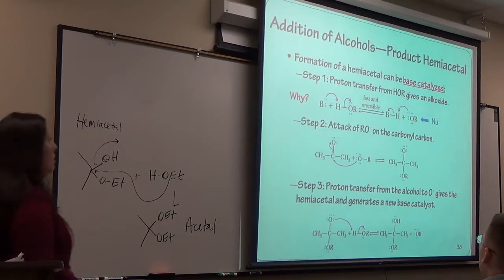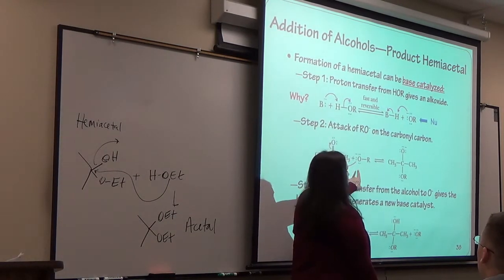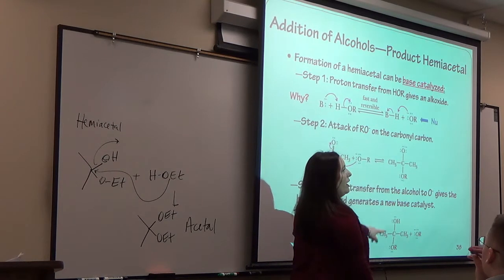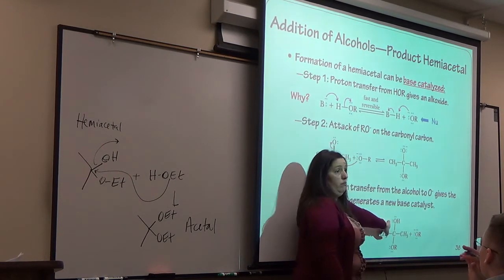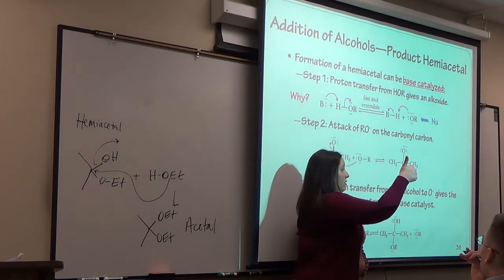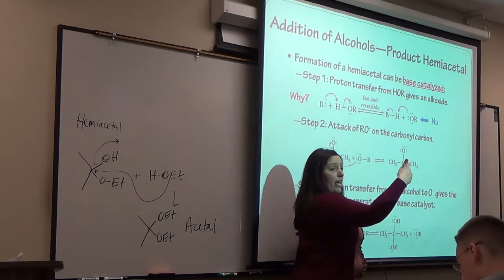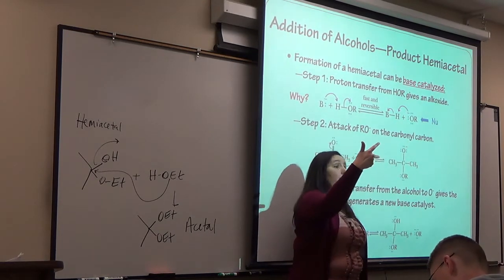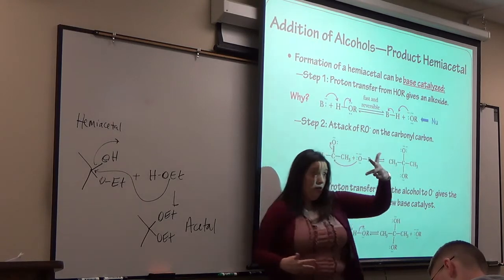In this slide, the base deprotonates, makes my nucleophile, and then I need to protonate at the end. So it's deprotonate, attack, protonate. What's the acid like? Just the opposite: protonate first, attack, deprotonate. Does that make sense?